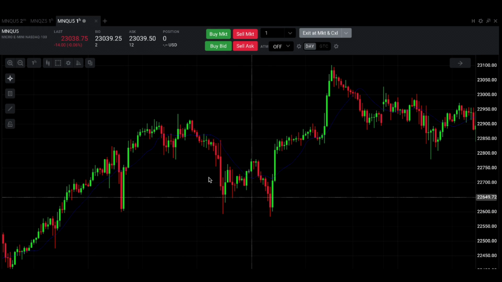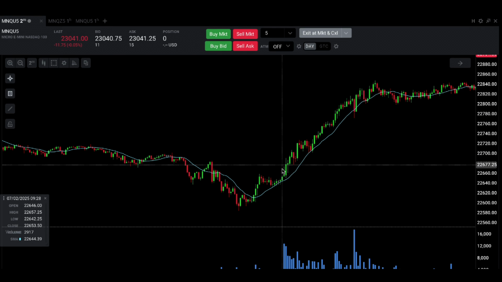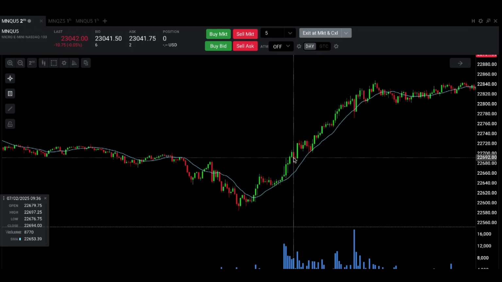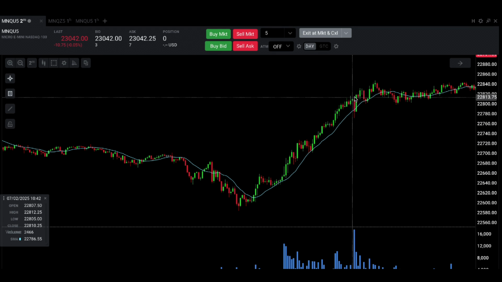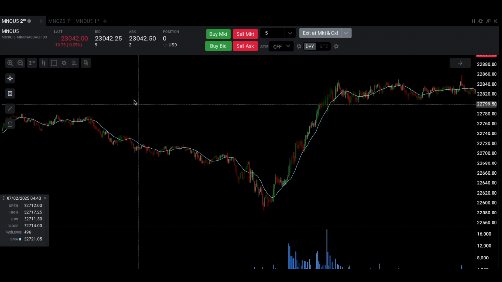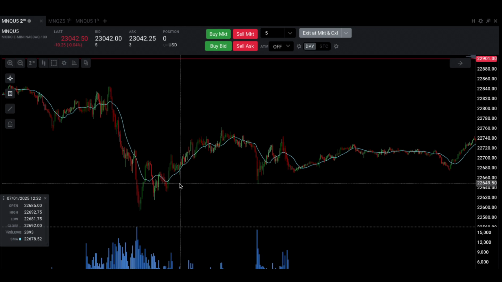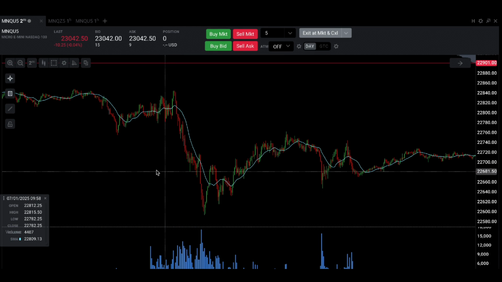Very straightforward thesis there. I got my entry right in there. I like to use inside bars as a way to enter, and that allowed me to capture a very, very clean uptrend. I like to highlight that counter trend movements are typically very choppy.